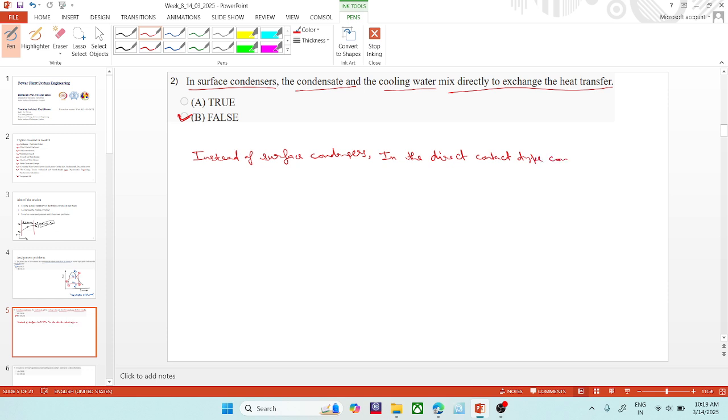In the direct contact type condensers, the condensate and cooling water mix directly to exchange the heat.